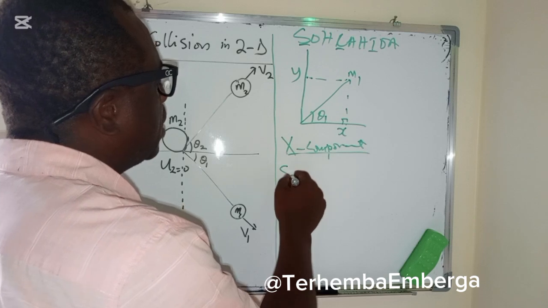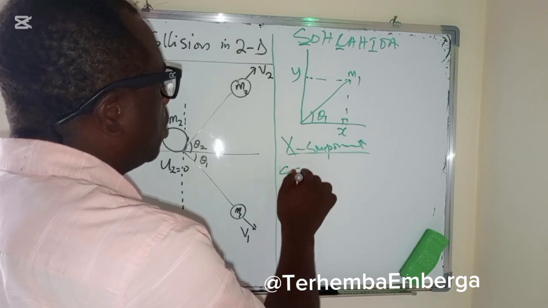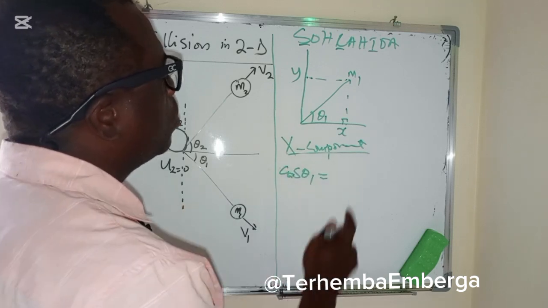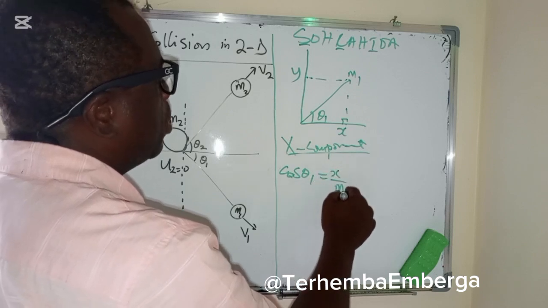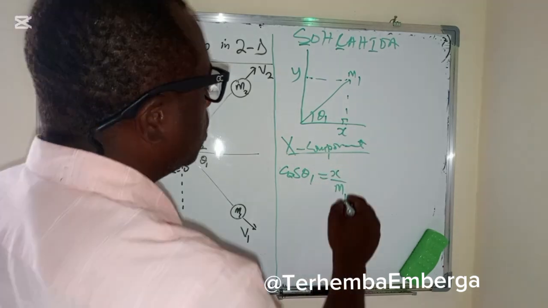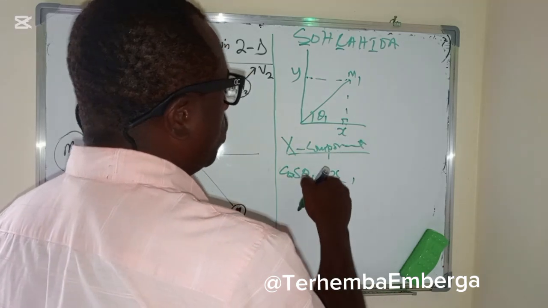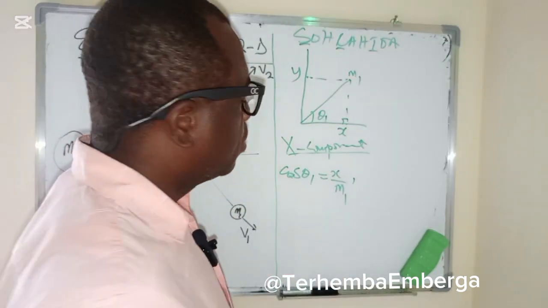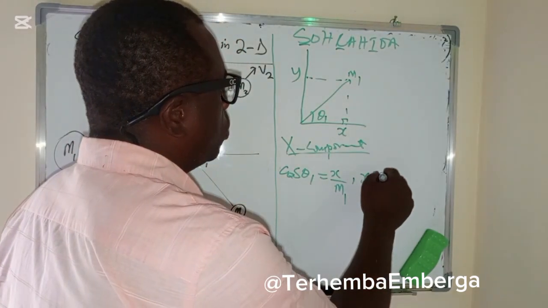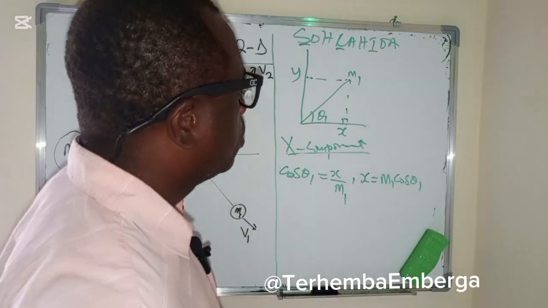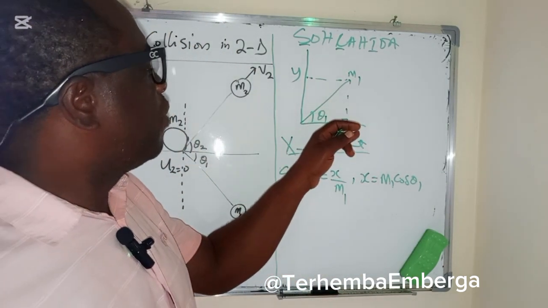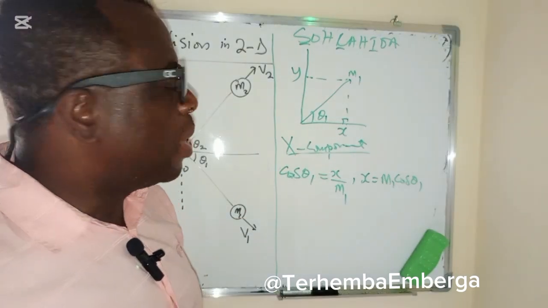So we can say that cos θ1 is equal to adjacent, which is x, all over hypotenuse m1. So if we want to make x the subject, x will be equal to m1 cos θ1. That is, we'll now resolve this on the x component.